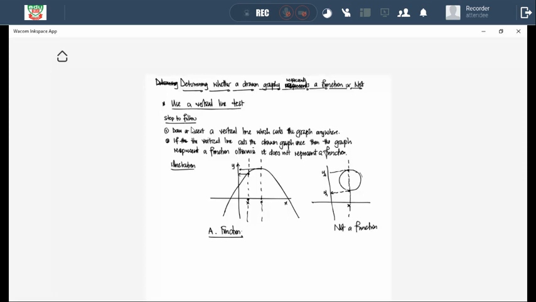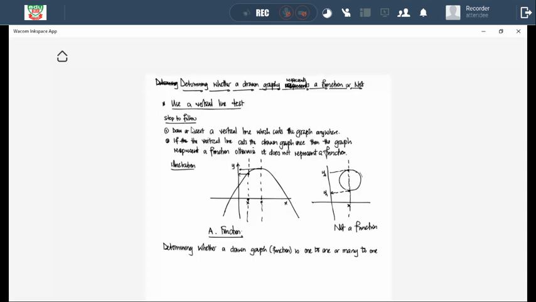Determining whether a drawn graph, which is a function, I'll put that in bracket, is one-to-one or many-to-one.